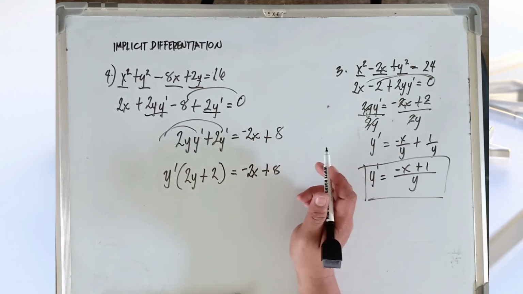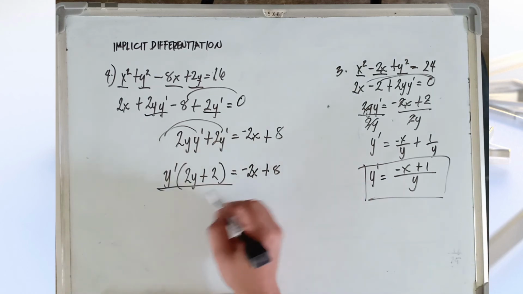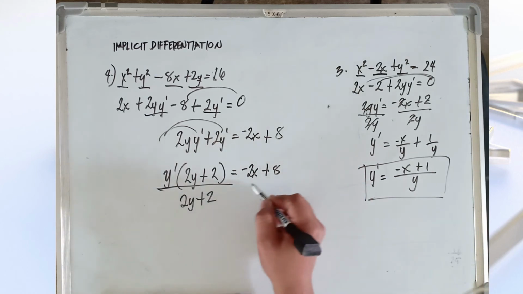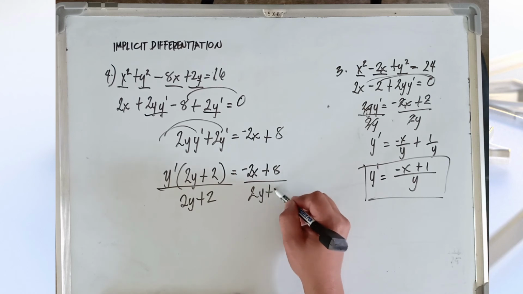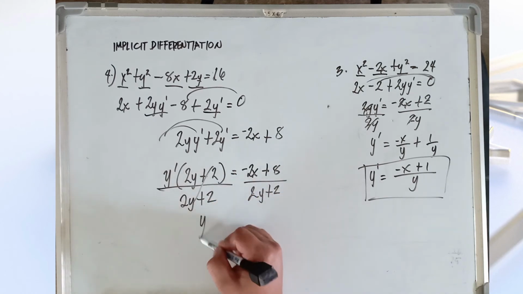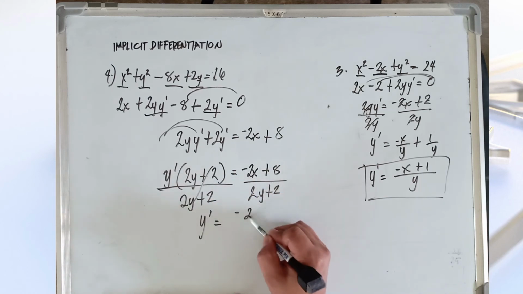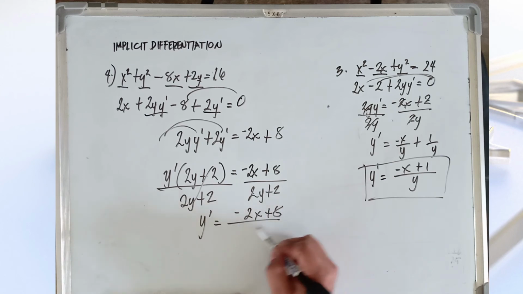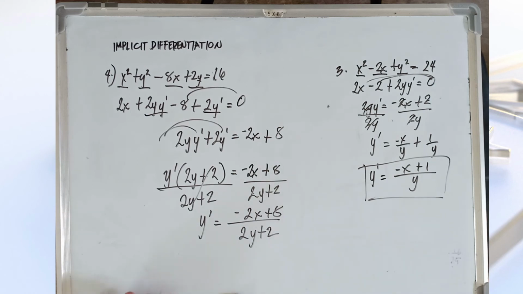Now let's divide both sides by 2y plus 2. Cancel. So we have y prime is equal to negative 2x plus 8 over 2y plus 2. Now, we need to simplify this. So always simplify your answer if necessary.